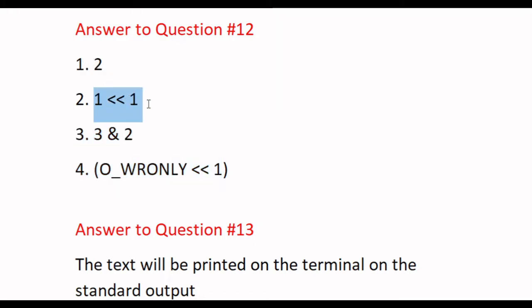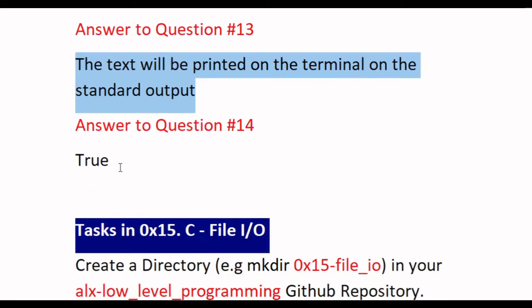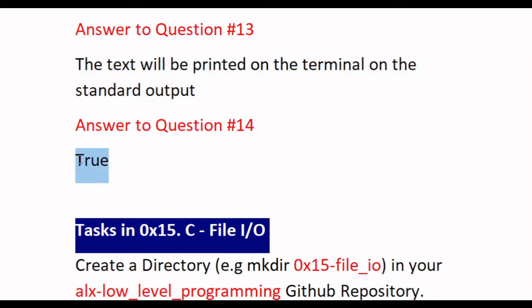This one has some little calculations for you to do to gain this answer, so I won't go into the details, but you can read about it. Try and do some research on Google and your search engine, and you will see how it will get this answer. Then question number 13, this is the answer to question number 13, and the last question is true.